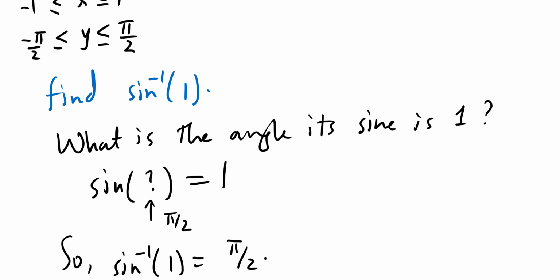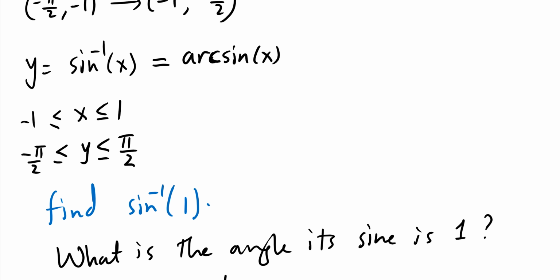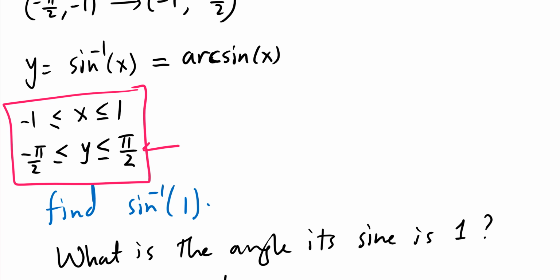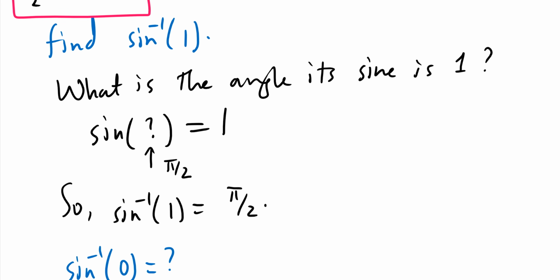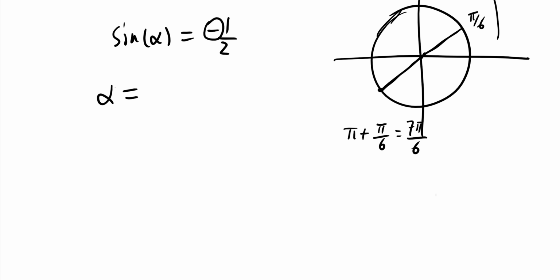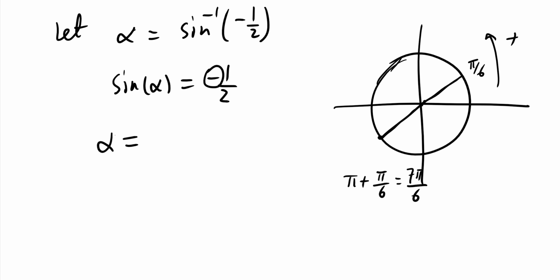Back to the conditions. The y value, I'm going to box this in red, must be between negative pi over 2 and pi over 2. Any y value you get, you need to make sure falls between negative pi over 2 and pi over 2. For this specific one, that's the first time it hits negative 1/2.